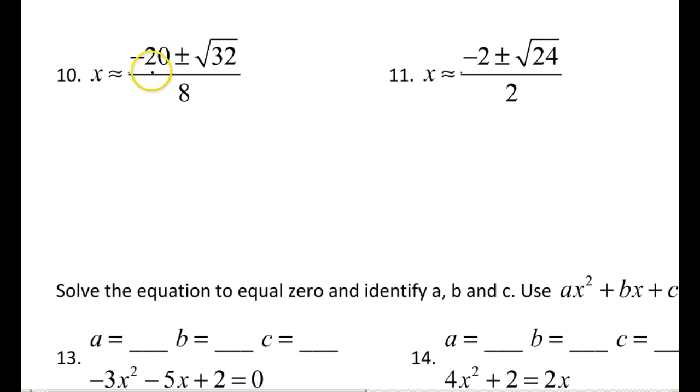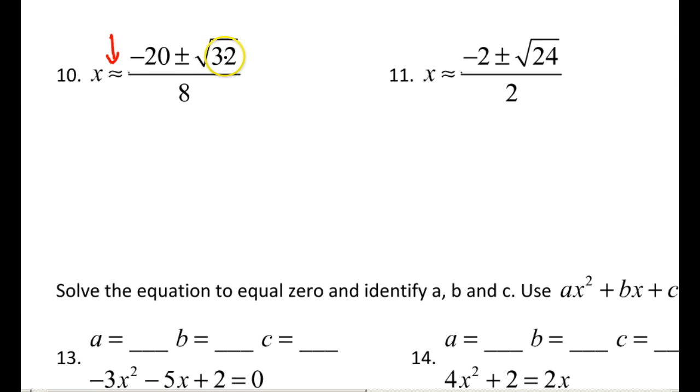When you get to here, you notice I changed it to an approximate sign, right? Why is that? Because the square root of 32 isn't perfect. Remember, if you have 16, 25, 36, 81, those are nice numbers, so you can take the square root of them. But square root of 32, what is that?